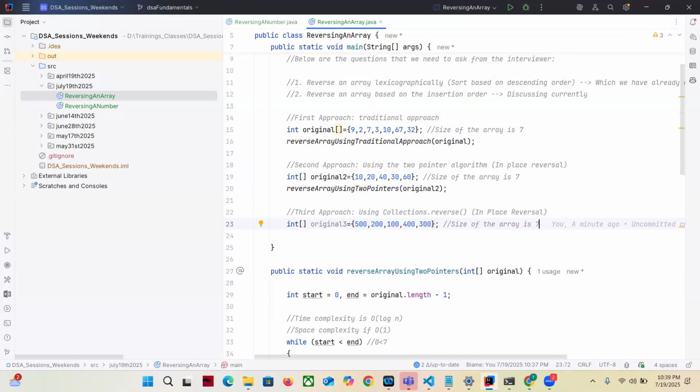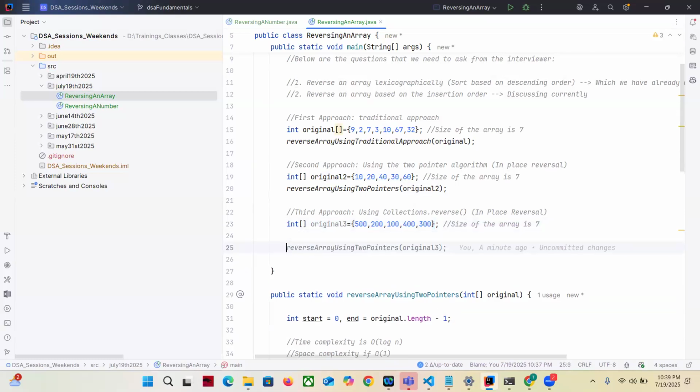Clear? Now I will say List of Integer L3 equal to Arrays.asList of original 3.